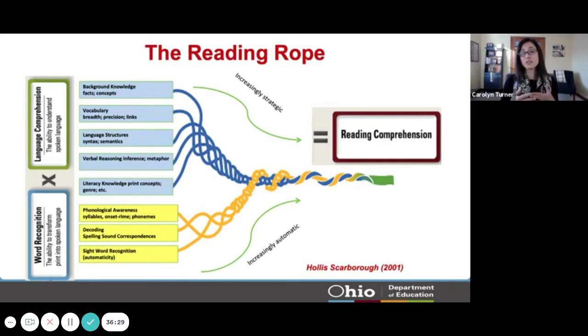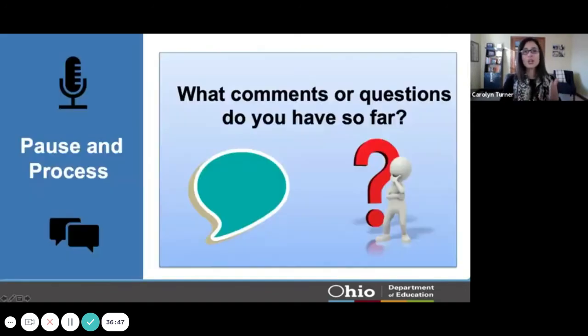Where we get into specific assessments is where we really need the help of our speech and language pathologists and school psychologists. But before we go to that, we also have to think about what the instruction has been. Have they had enough instruction to merit going to those further assessments?